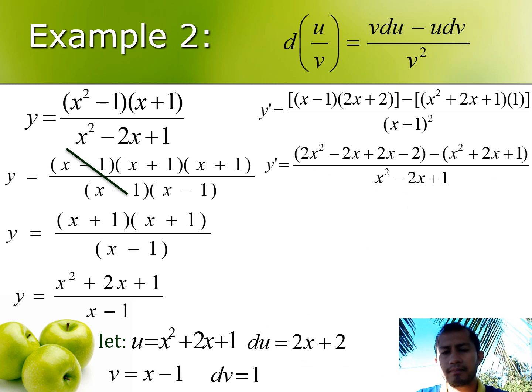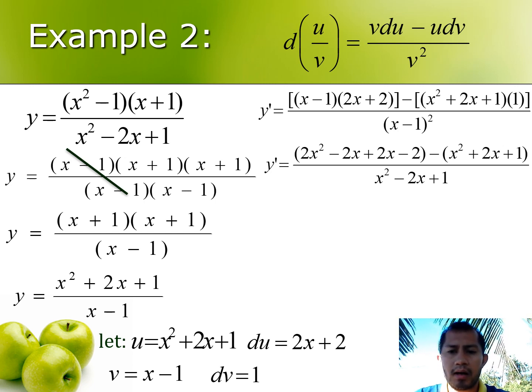Now, simplifying, we have 2x squared minus 2x plus 2x minus 2 minus x squared plus 2x plus 1, because multiplying any number by 1 is the number itself, all over x minus 1 squared, which, after simplification, or writing it in non-factored form, is x squared minus 2x plus 1.